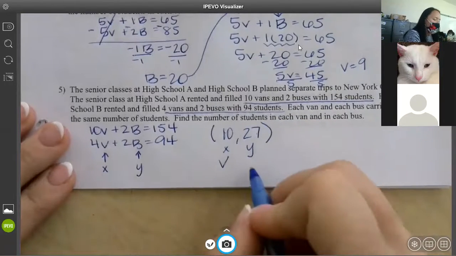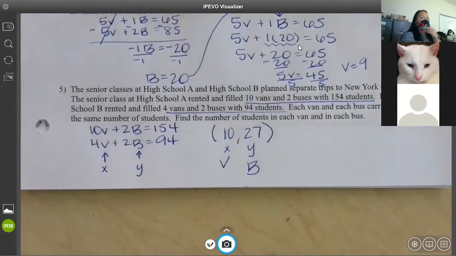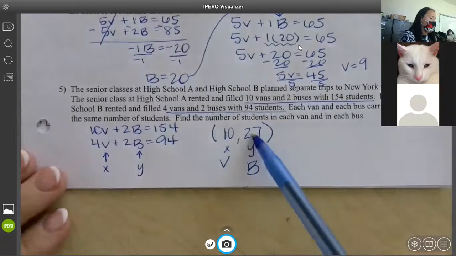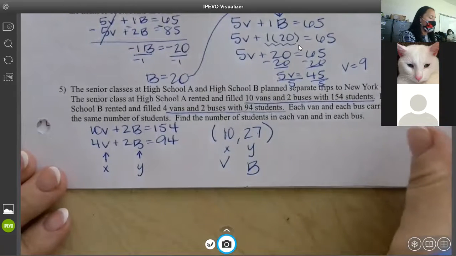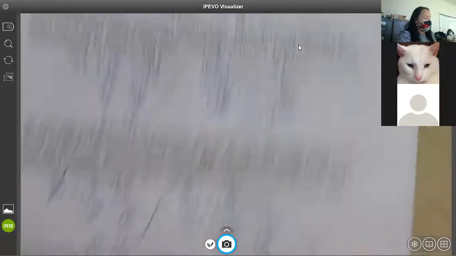So 10 vans and 27 buses. Does that make sense? So just change your V's and your B's to X's and Y's, but know which one you changed, okay? Any questions? All right. So it said, find the number of students in each van and each bus. There it is. Okay, flip it over.